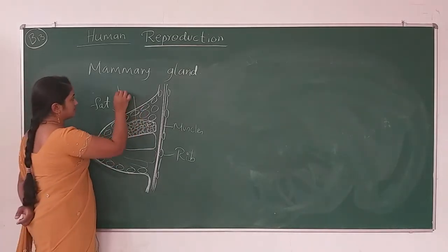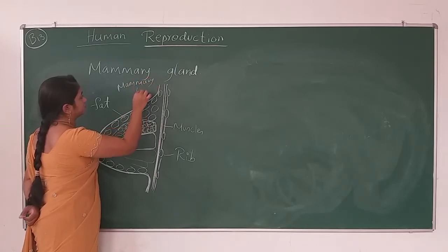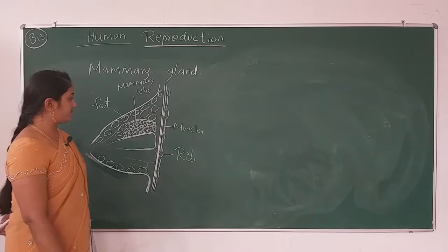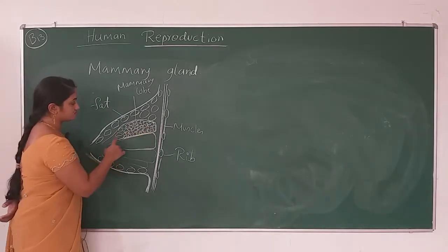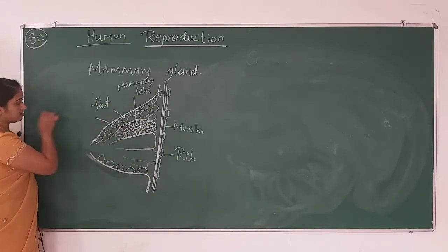Let me label the mammary lobe. Each lobe consists of a cluster of alveoli. Let me label that.